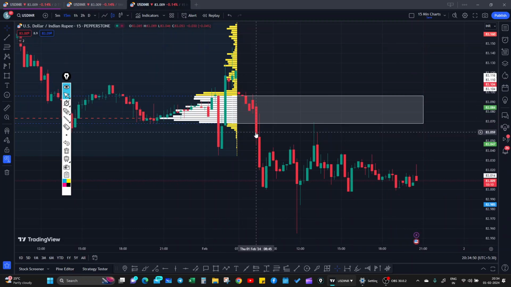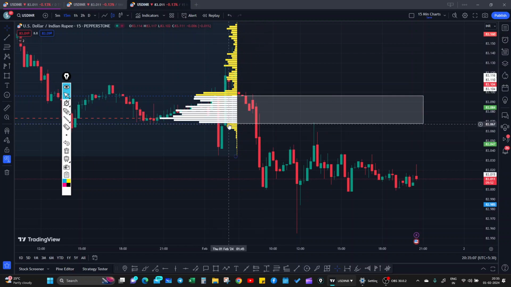Only the sellers have entered. They won the price and they have taken the control. So sellers have taken the control and it started moving down. Here there is no volume, means there are no trades happened. So it moves down. This is called a low volume node also.